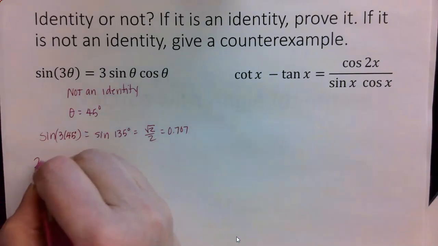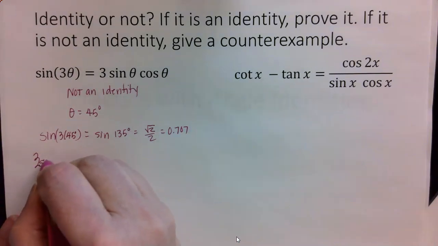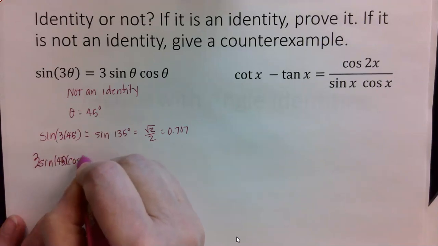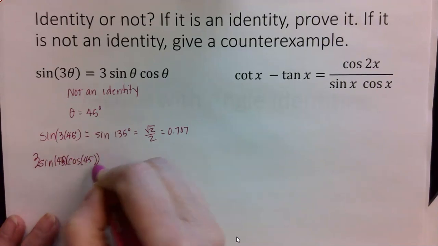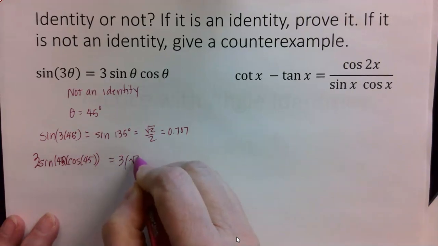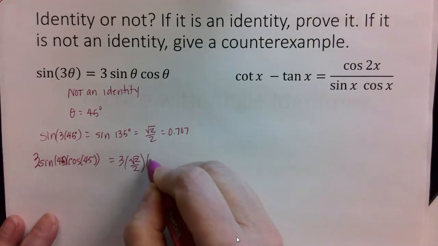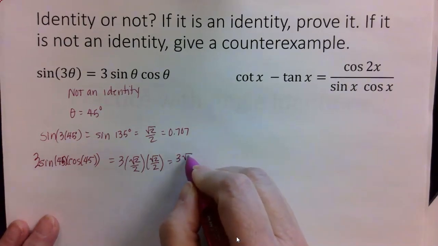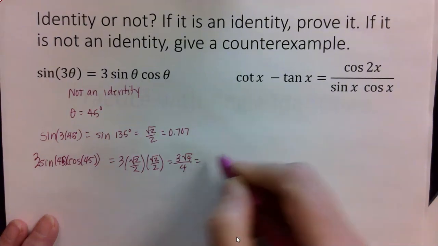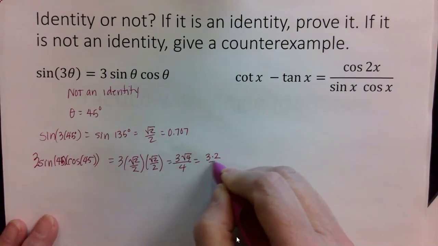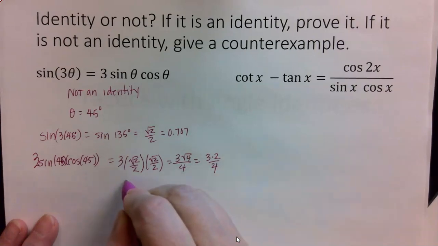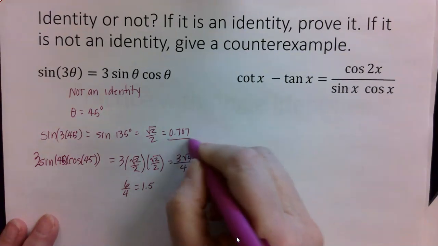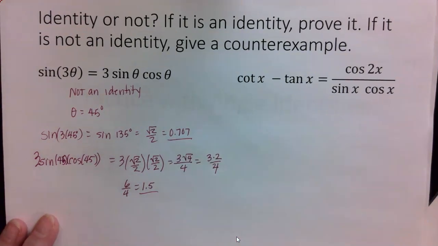And then I want to show that 3 times the sine of 45 times the cosine of 45, well, that's 3 times the square root of 2 over 2 times the square root of 2 over 2, which is 3 times the square root of 4 over 4, which is 3 times 2 divided by 4, which is 6 over 4, which is 1.5. But these are not equal. So this is my counterexample.